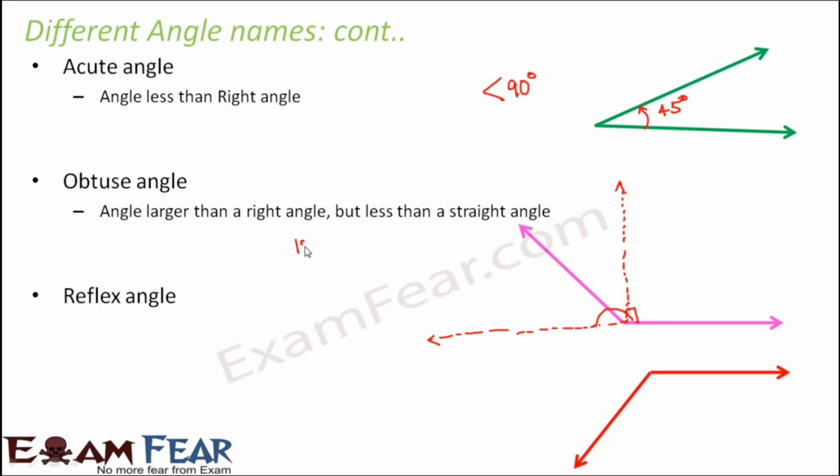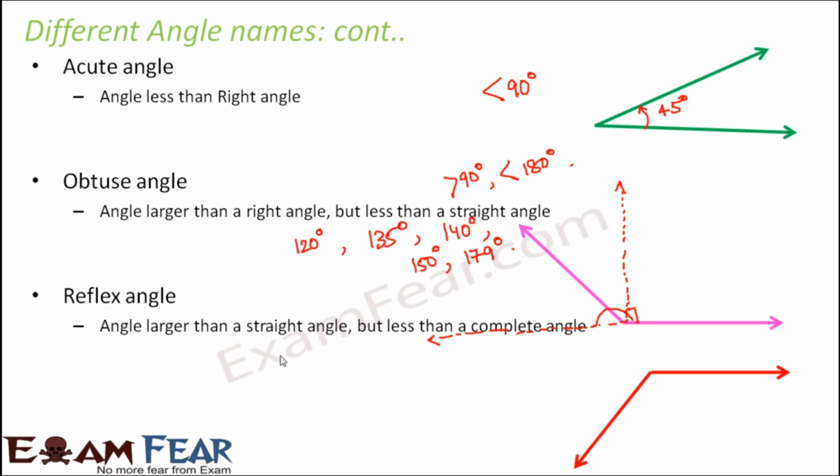These could be 120 degree, 135 degree, 140 degree, 150 degree, 179 degree. Anything greater than 90 degree but less than 180 degree is an obtuse angle.